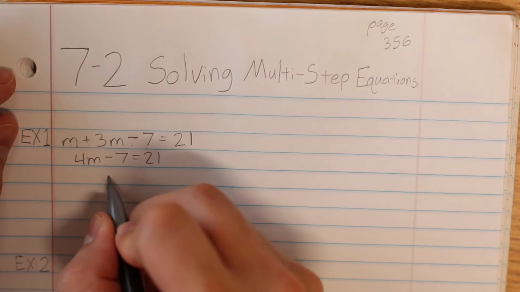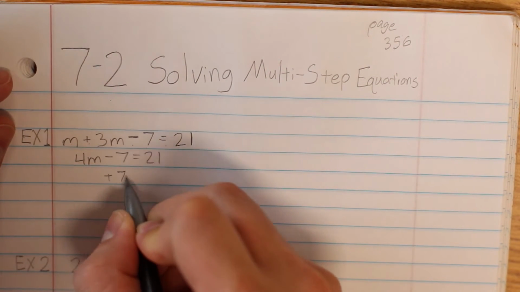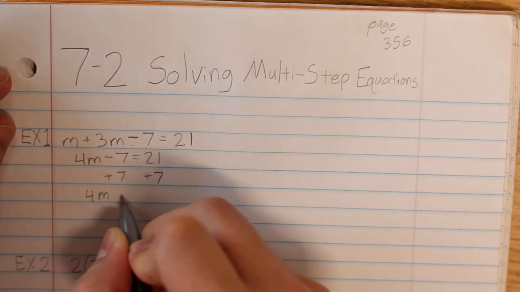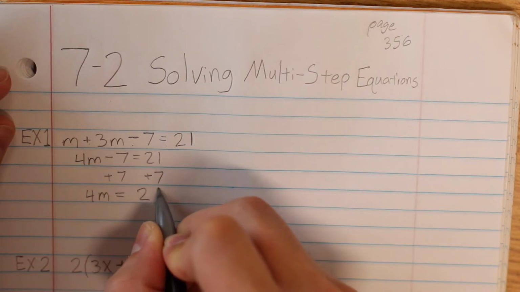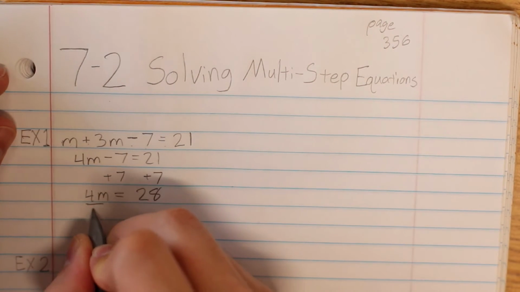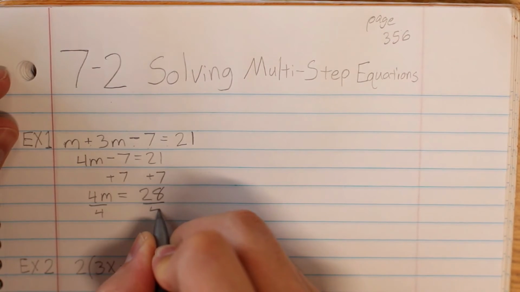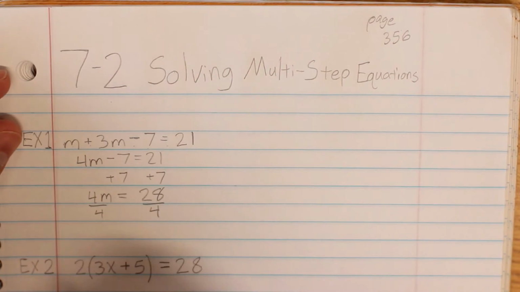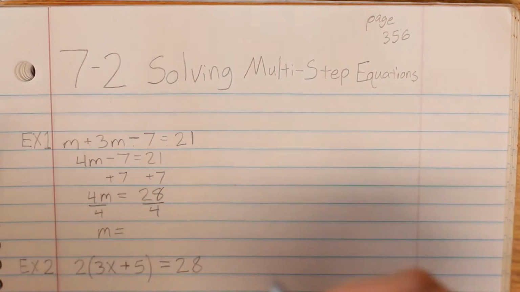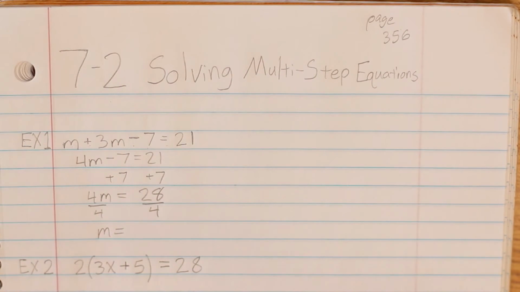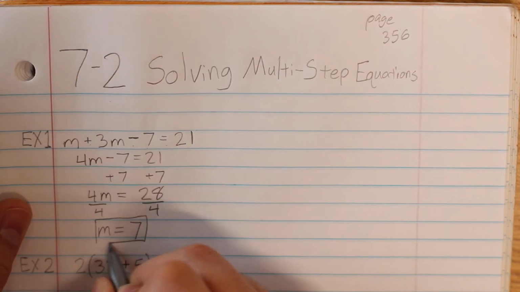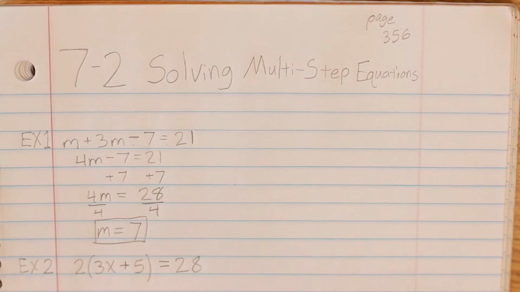So now we're just going to add the 7. Add the 7. You get 4m equals 28. We now have to divide by 4. Divide by 4. Okay? So you get m equals, what do we get? m equals 7. Voila, and there is your answer.